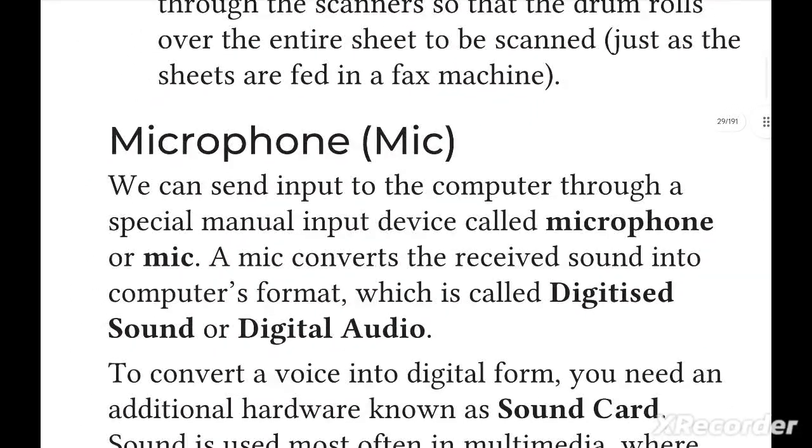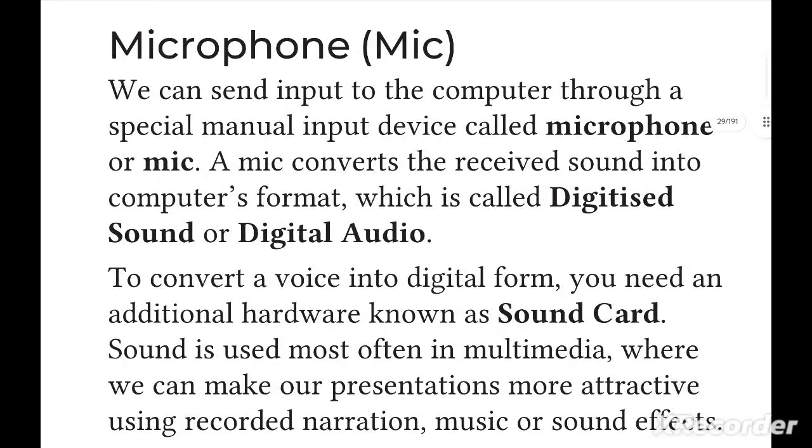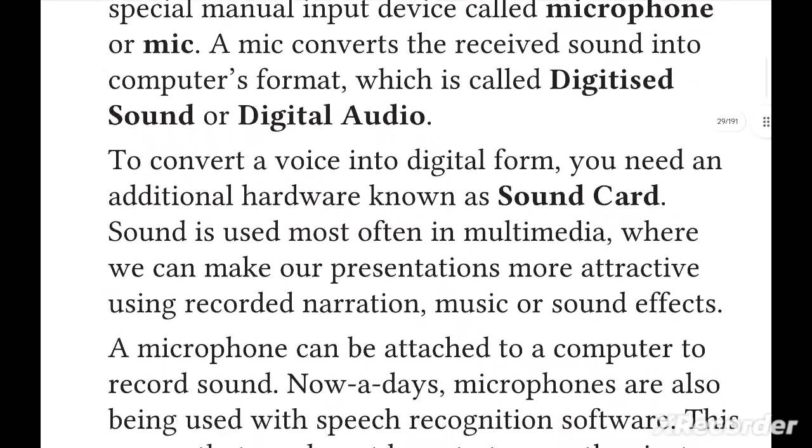Next, microphone or mic. We can send input to the computer through a special manual input device called a microphone or mic. A mic converts the received sound into the computer's format, which is called digitized sound or digital audio.